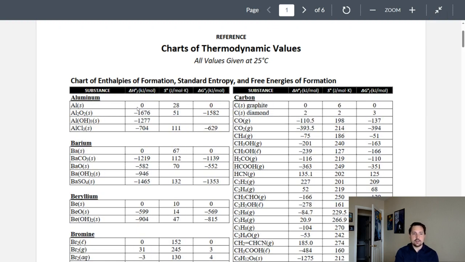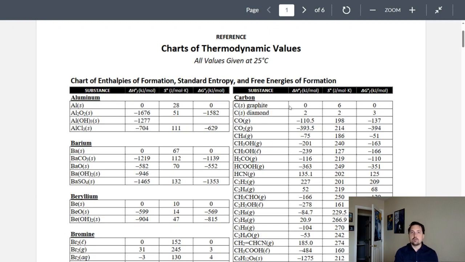And for every element, there will be some value that will be 0. And that tells us that this aluminum in the solid form is the standard state at 25 degrees Celsius and 1 bar of pressure. So if we look for carbon, we'll see that carbon actually exists in 2 solid forms, graphite and diamond.